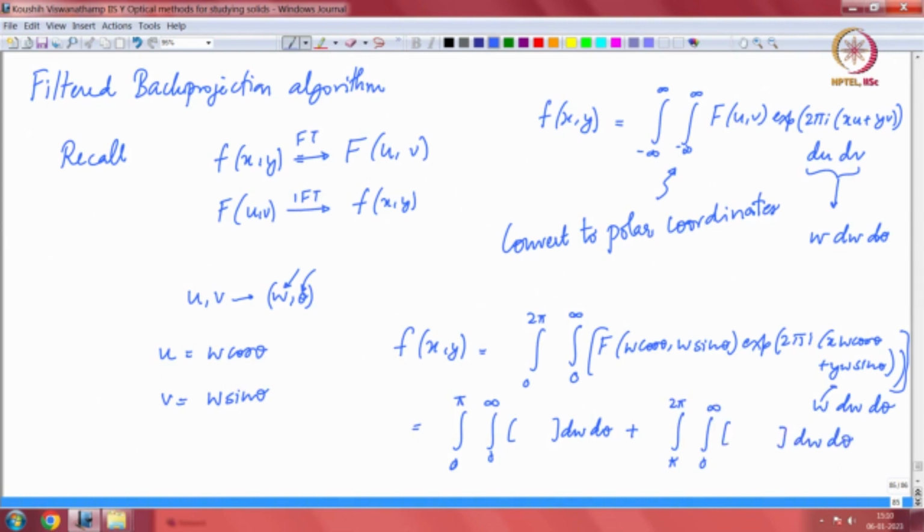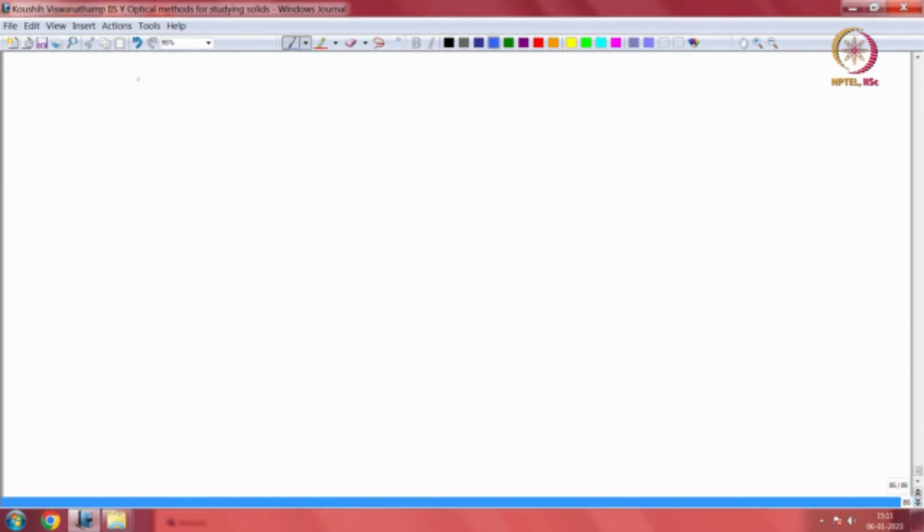I am only splitting the integral. This is easier to rewrite because I am not writing the full expression.